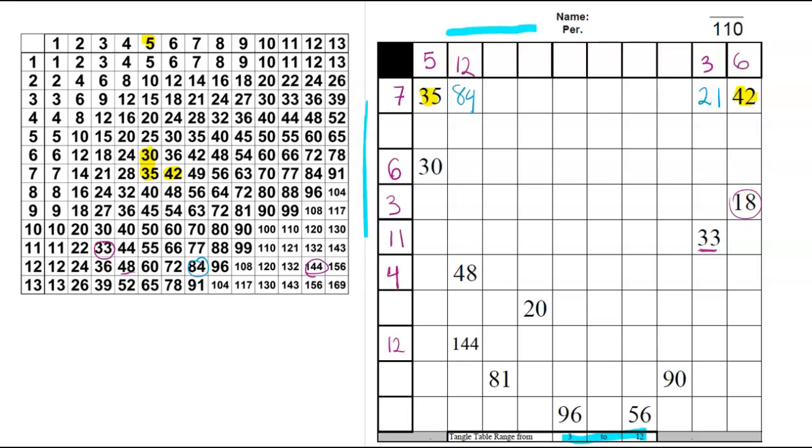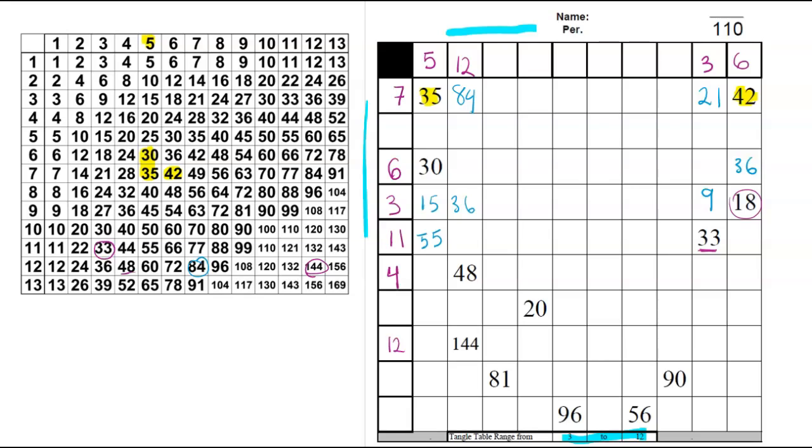I could say 6 times 6, that gives me 36. 3 times 3, that gives me 9. 3 times 12, 36, and 15. So notice that I'm filling out my chart as I go. So the goal, so 55, and so forth.